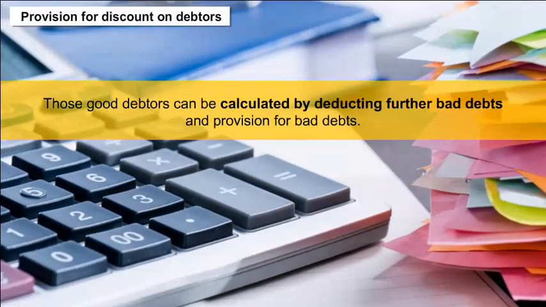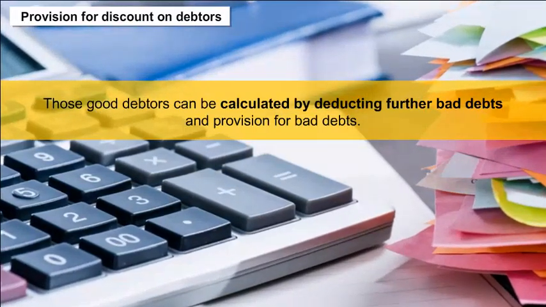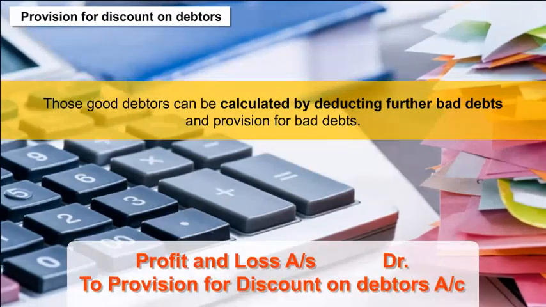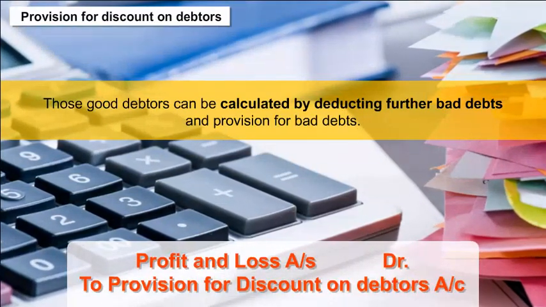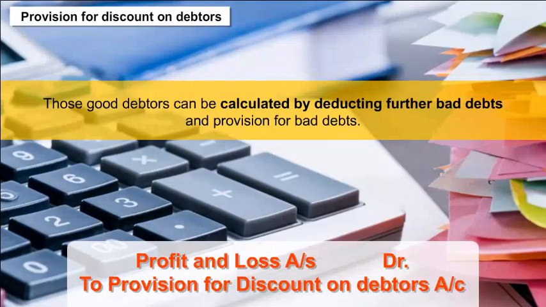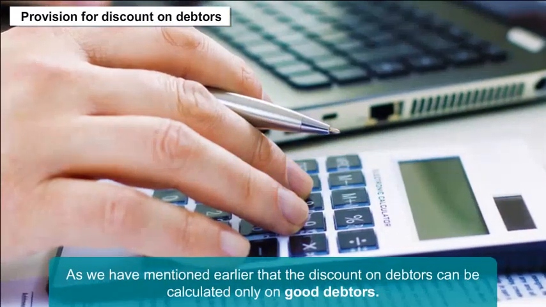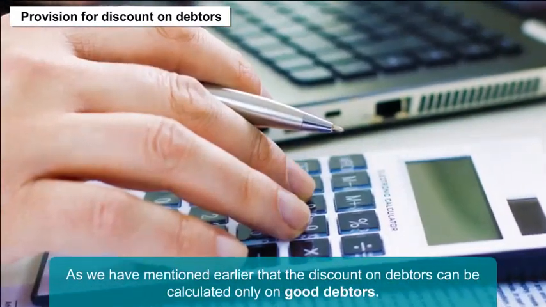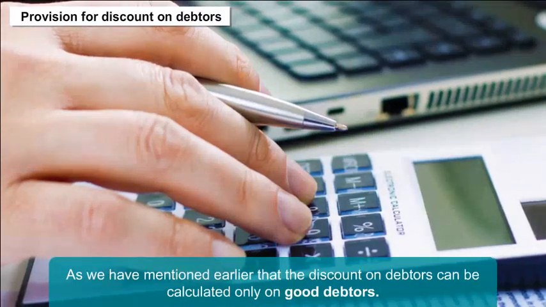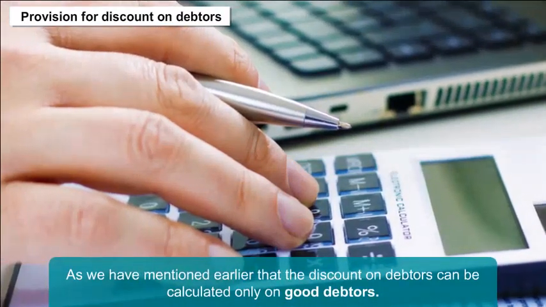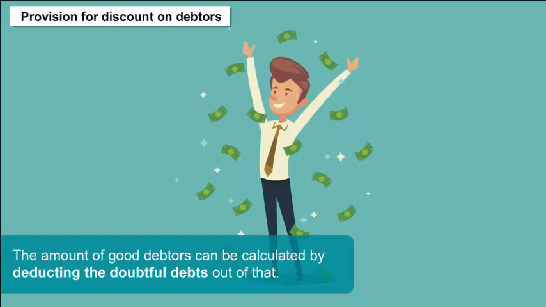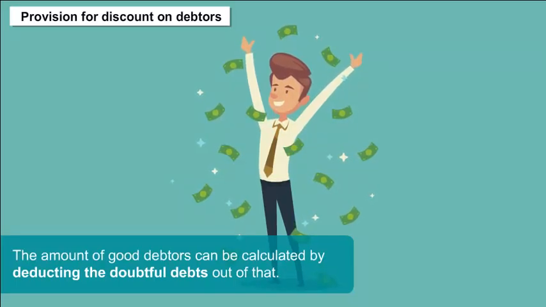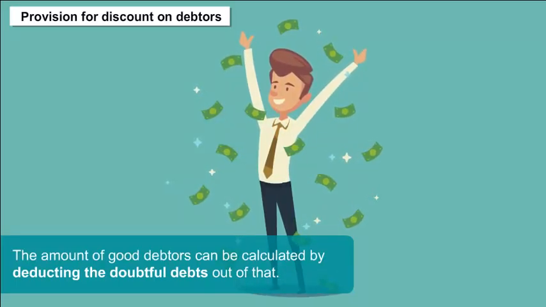The entry for provision for discount on debtors would be profit and loss account debited to provision for discount on debtors account. As we have mentioned earlier, the discount on debtors can be calculated only on good debtors. The amount of good debtors can be calculated by deducting the doubtful debts out of that.